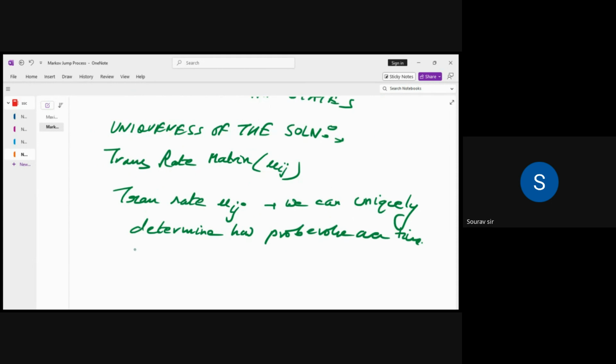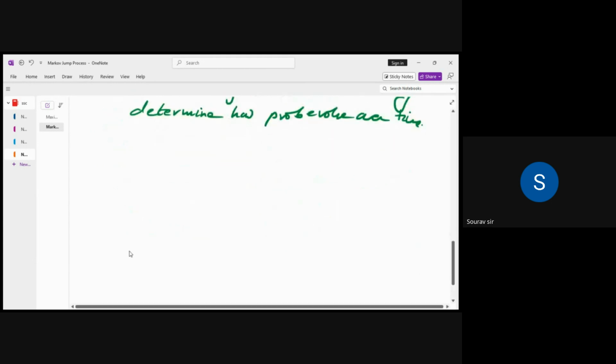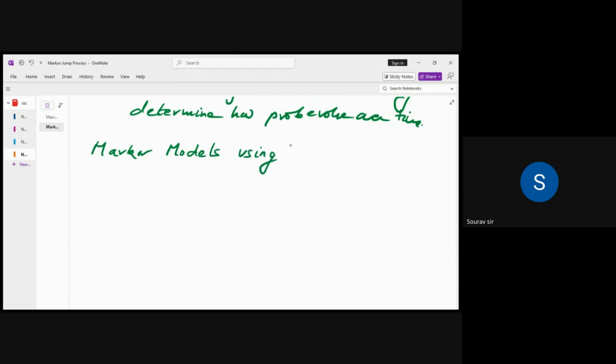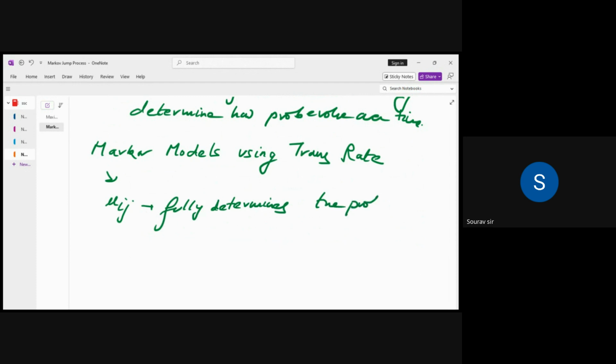Now, Markov models using transition rates. Since the transition rates, that is u_ij, fully determine the probability evolution, Markov models are typically described by a state space and a transition rate matrix.